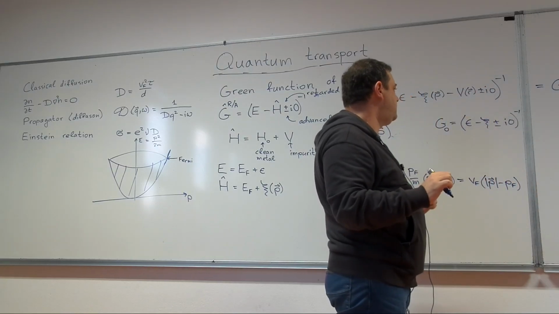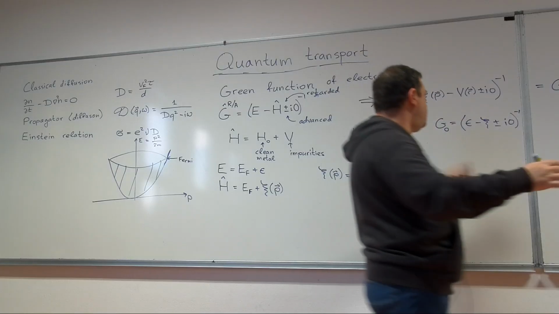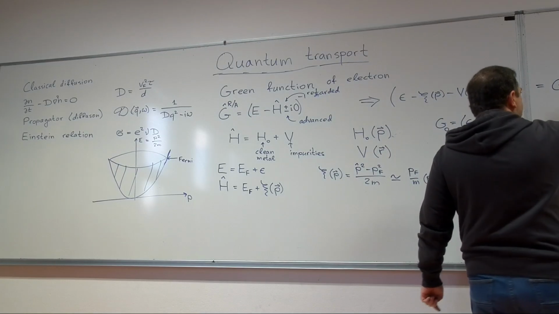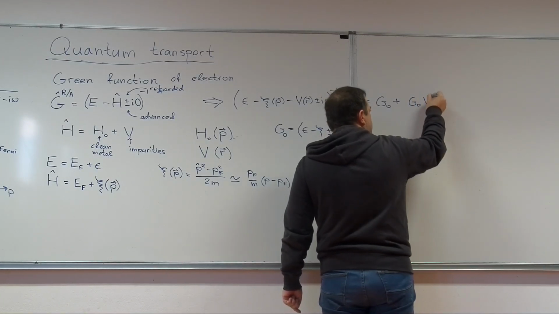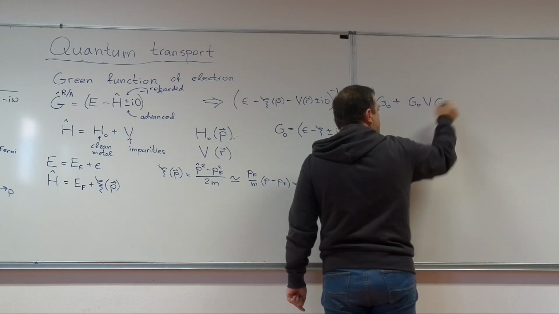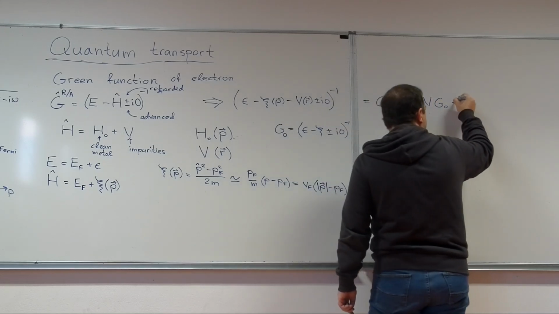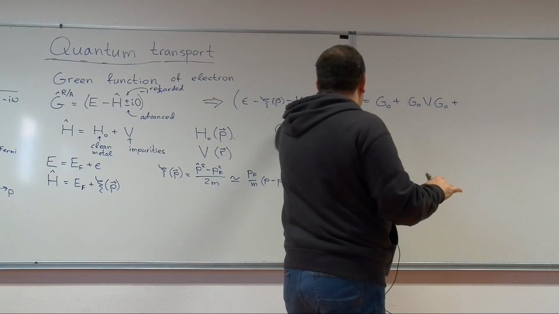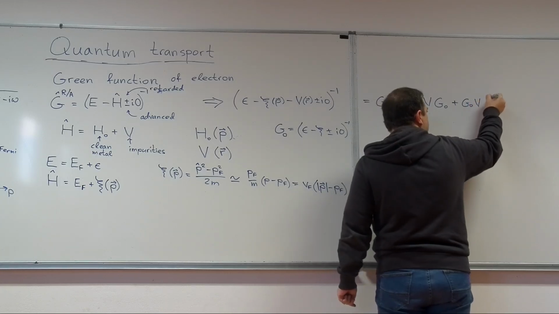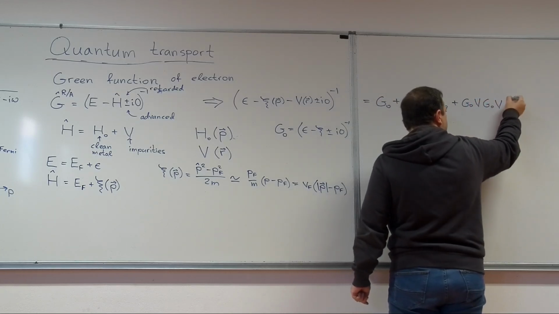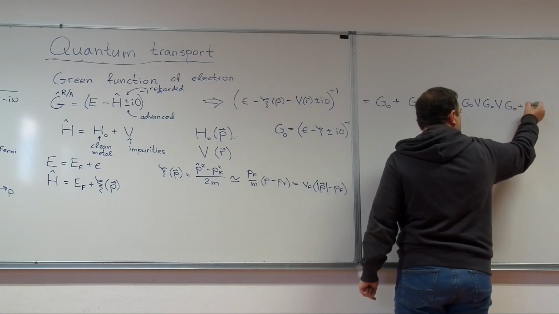The next term is linear in V: G0 times V times G0. The next term is quadratic in V: G0 V G0 V G0, and so on.